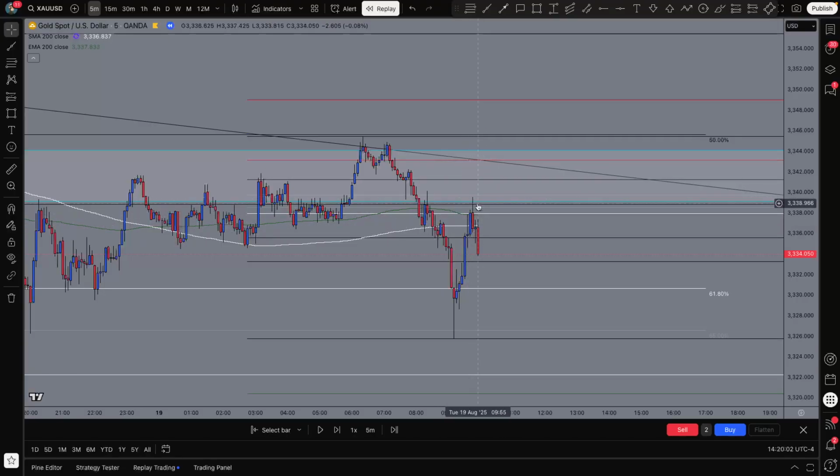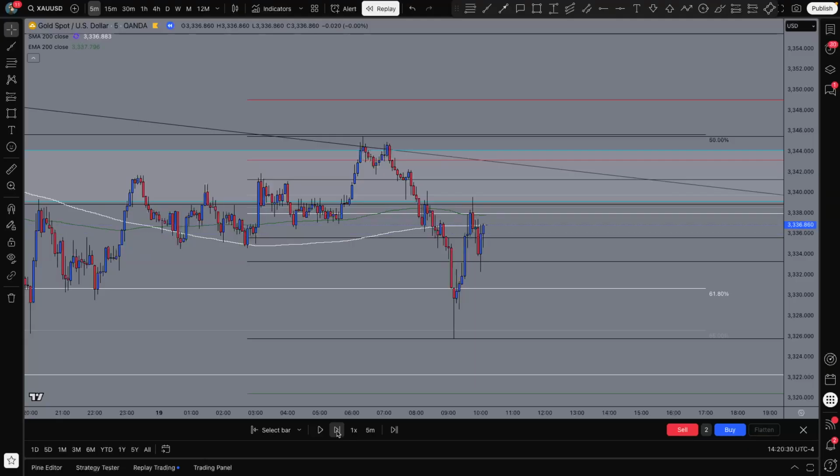So we had our touch of our zone, but then the moving averages right there, plus even the 61, were acting as some type of resistance. So there were high odds that the price would reverse probably on that. So it was valid to take a trade around there, or even you could have waited for a last retest after that.